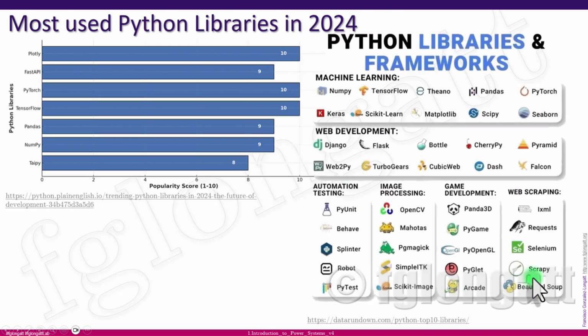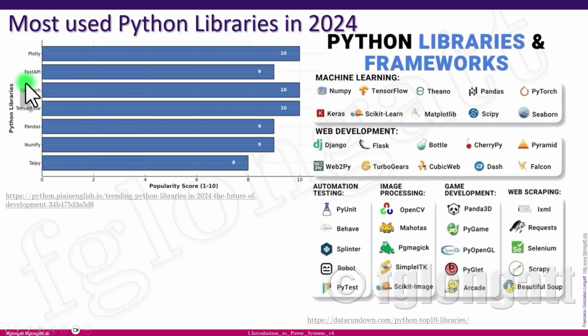And when I say that there are many libraries, it is because, for instance, here I have a plot on the top left-hand side where you can see the Python libraries in 2024. And if you look here, you can see that TensorFlow is located here with a high score, one of the more popular, together with another library called PyTorch.